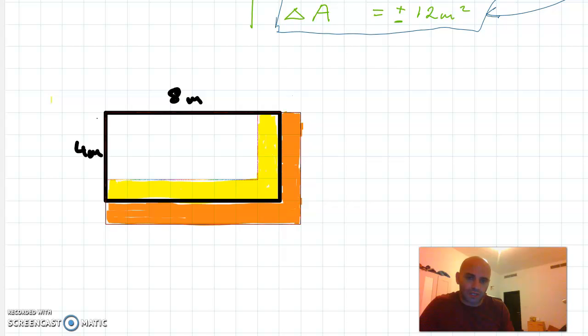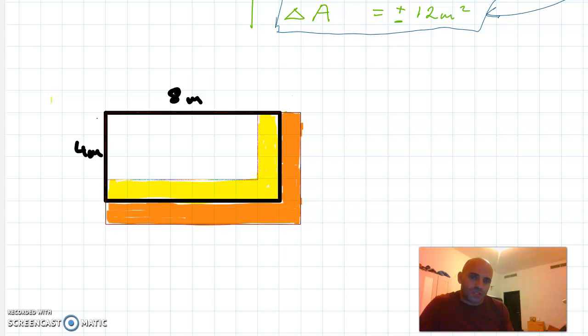The smaller rectangle inside the yellow shaded piece is 7 times 3, which gives us 21 meters squared. So that would be our lower bound. What we're saying is that our actual measurement falls somewhere between that black line and the yellow region, all the way up to the colored line.